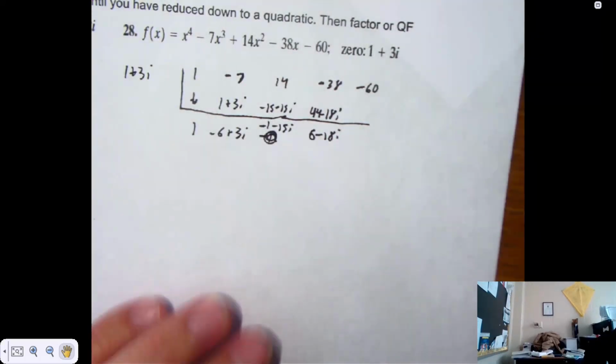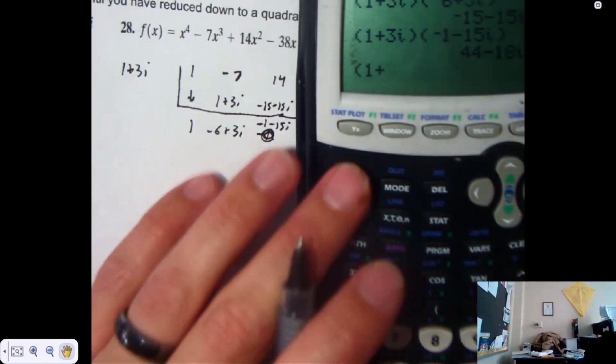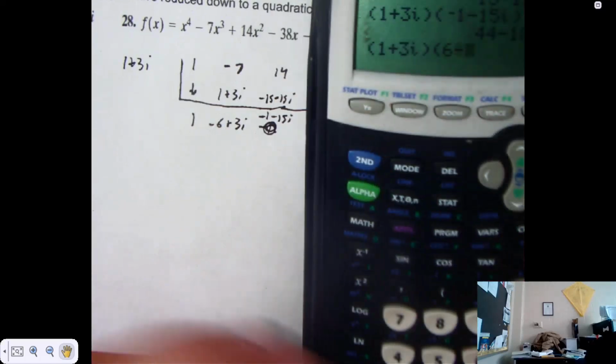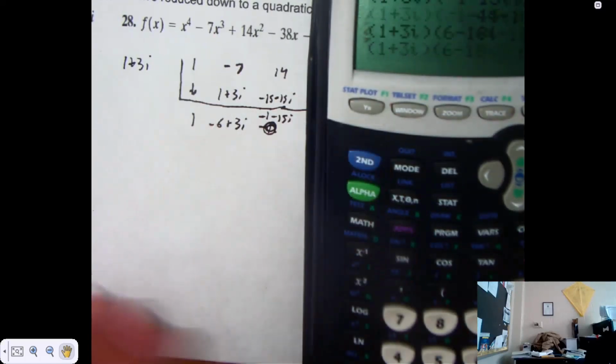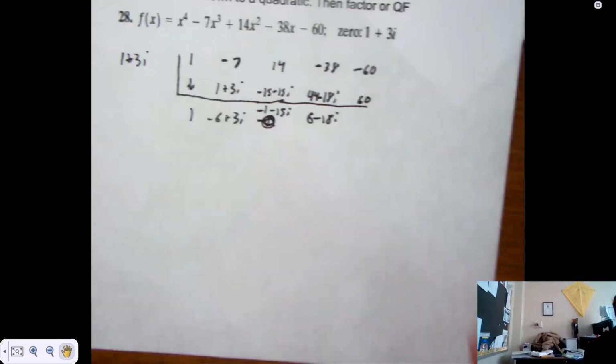We got negative 38 and 44, which is what? Negative 8, negative 6, positive 6. 16 minus 18i. And then I add, or multiply again. I got 60, which is exactly what I needed to have because it said it was a 0. So when I do division, I better have a remainder of 0.